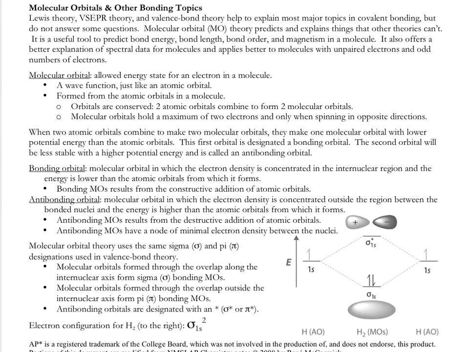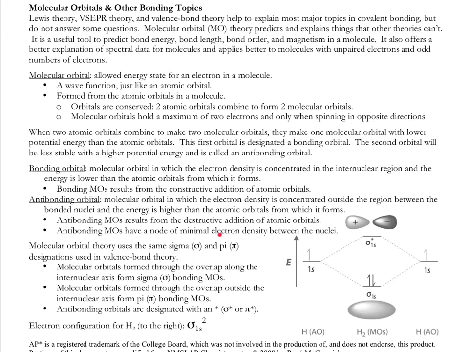And when they interfere destructively, we have an antibonding orbital. We have a place between the two nuclei where the electrons cannot be found. We have a node, a minimum electron density between the nuclei. So that means we know where some of the electrons are when they're in a bonding orbital, but the antibonding orbital means we know that they are not there.